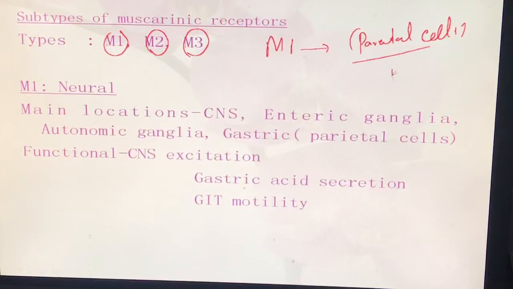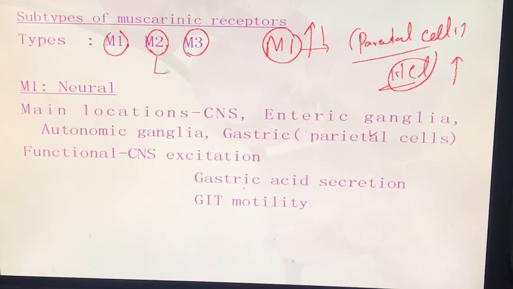This parietal cell releases HCl. So the M1 receptor helps to release HCl. If you stimulate the muscarinic receptor here, there is more HCl. If you block the receptor, no HCl. So muscarinic receptor M1 is present in the gastric mucosa, on the parietal cell.